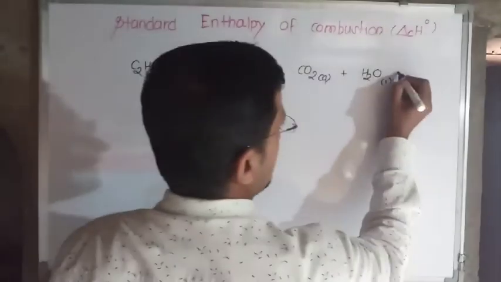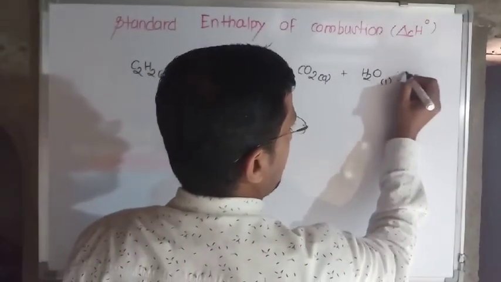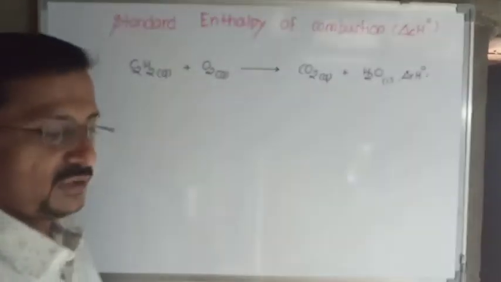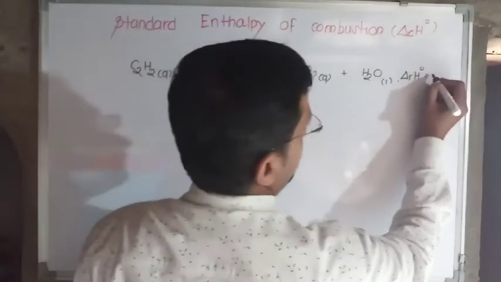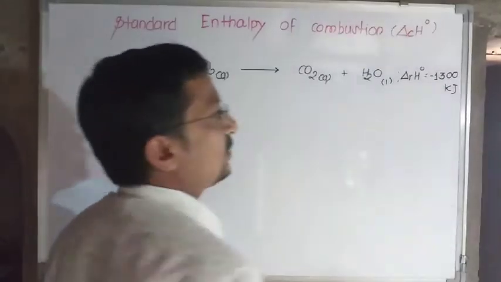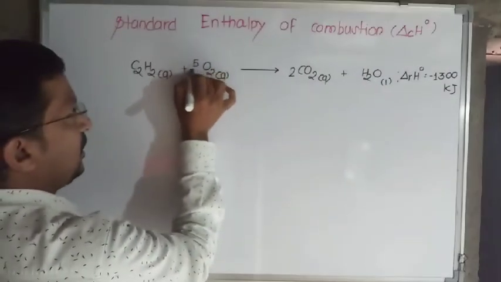For this reaction, the enthalpy of reaction, delta RH naught, is found to be minus 1300 kilojoule. If you balance this reaction, two carbon atoms are there, so twice CO2; oxygen 4 and 1 is 5, so it is 5 by 2 oxygen; hydrogen 2, hydrogen 2, it is balanced.